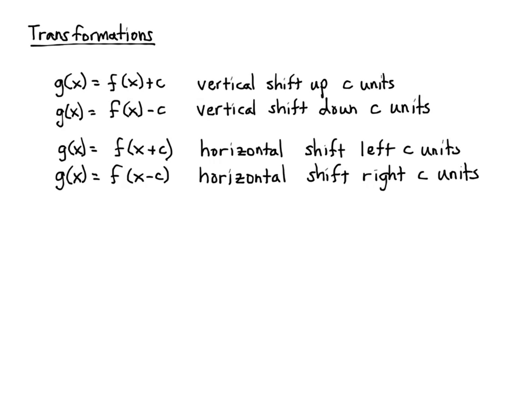And so this one moves it to the left, this one moves it to the right, just like we saw with the x minus 2, how the absolute value function moved to the right. Okay, so that one works opposite of what you would maybe guess without giving it much thought.